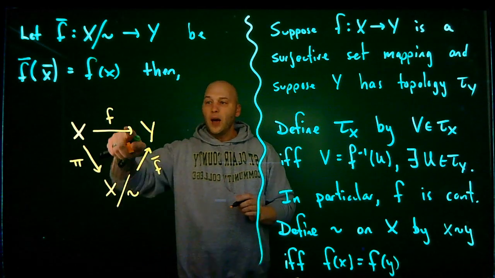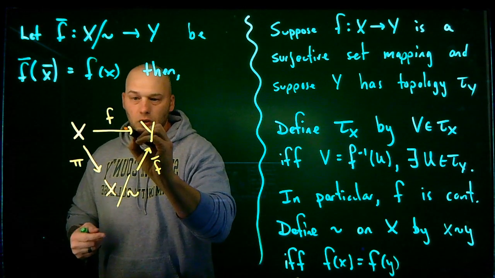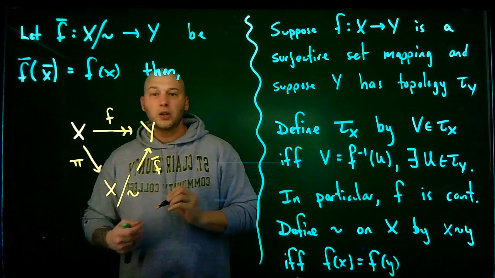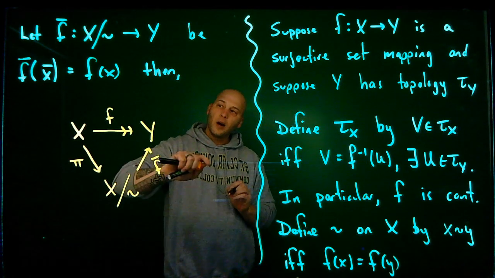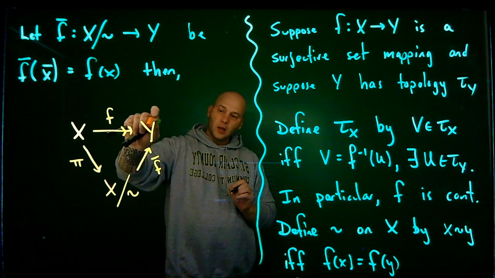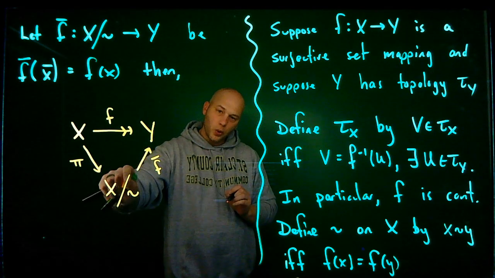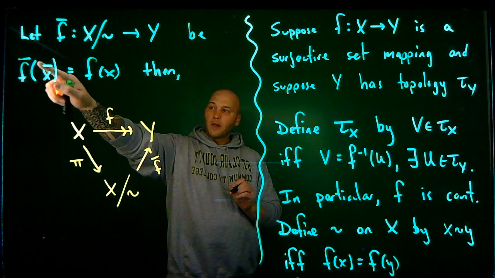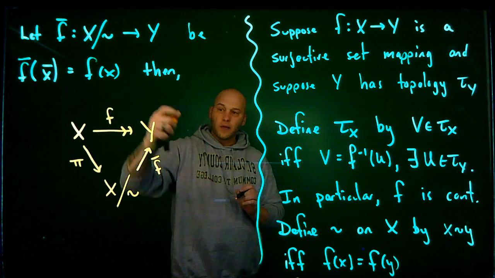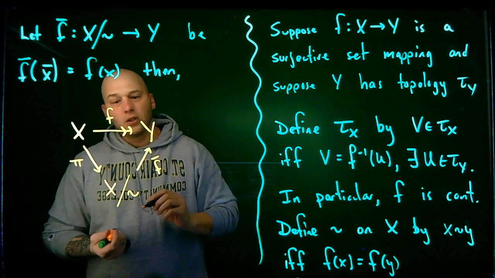Now f is a surjective continuous function. Pi is going to be a surjection as well, and f bar, which takes an element of the quotient, which is an equivalence class, up to Y, defined by f bar of x bar is equal to f of x, is actually an injection.